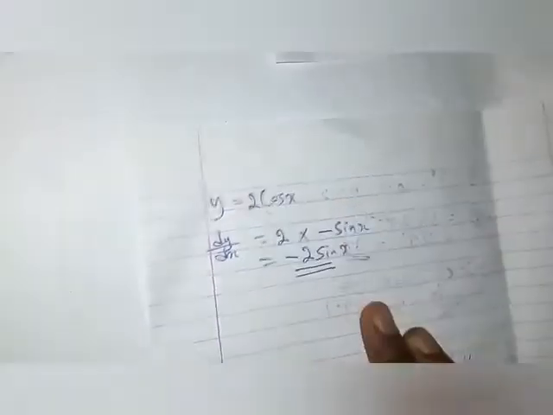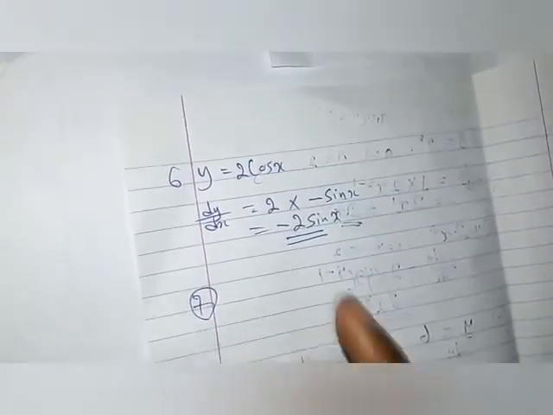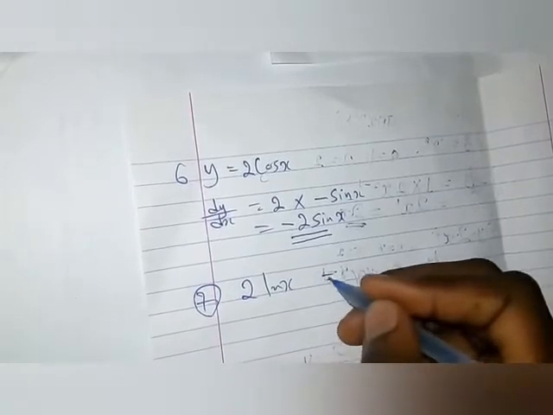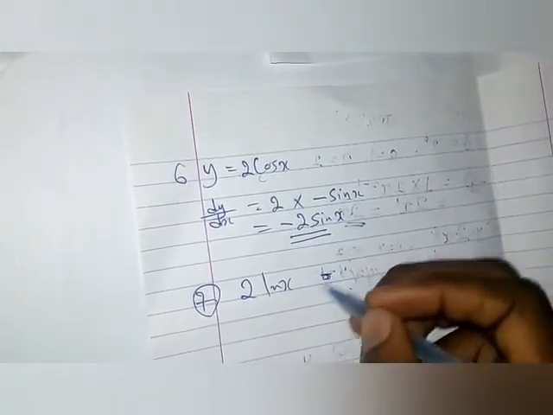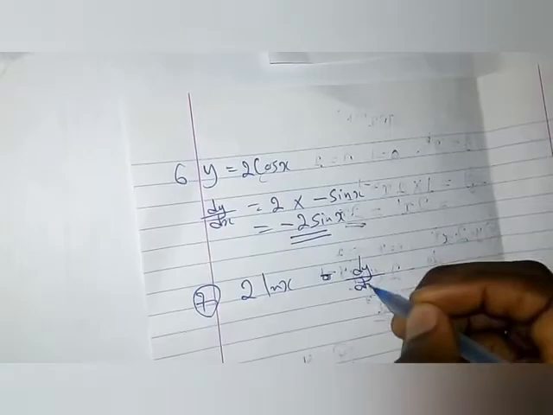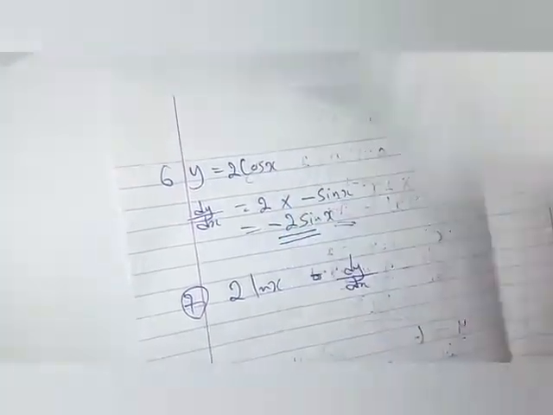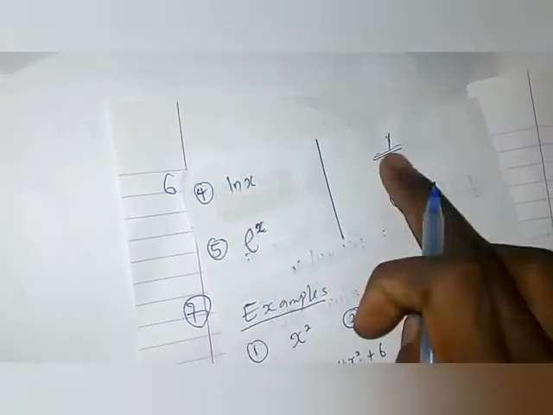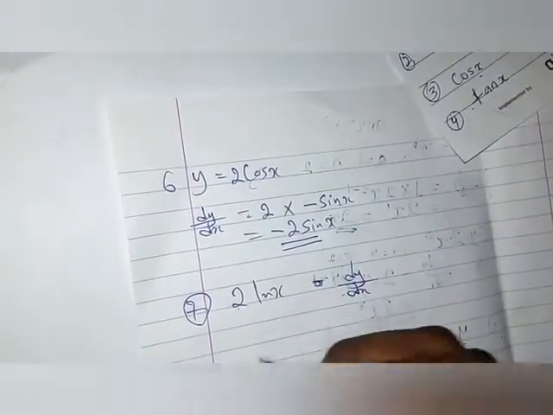So this is number 7. I'm having y equals 2 ln x. This one is the same thing: find dy/dx. Since you know that the derivative of ln x is 1 over x, just bring out this constant.